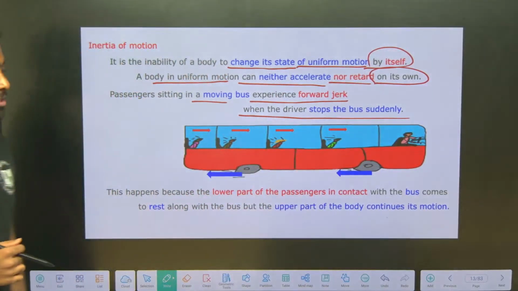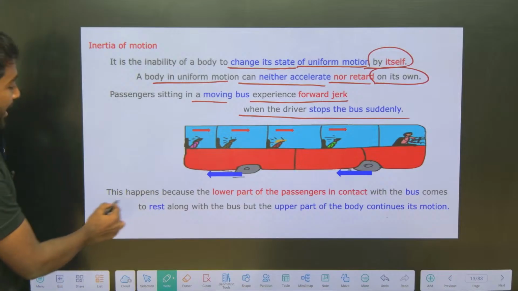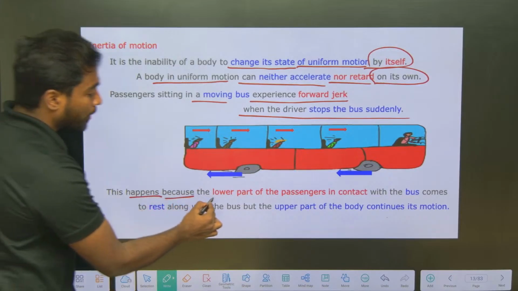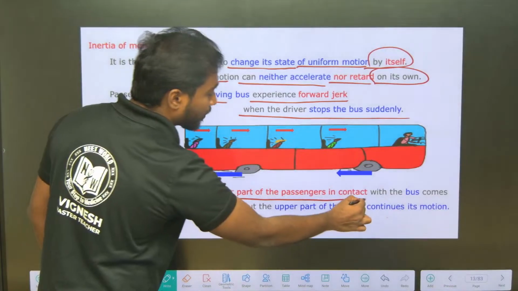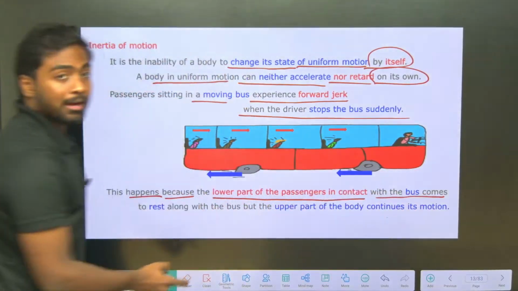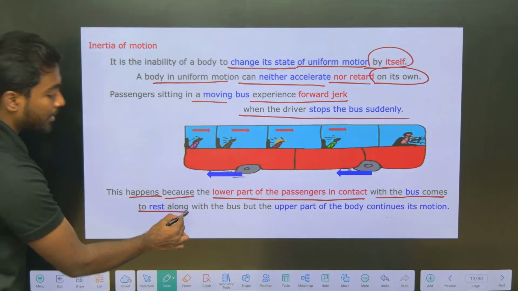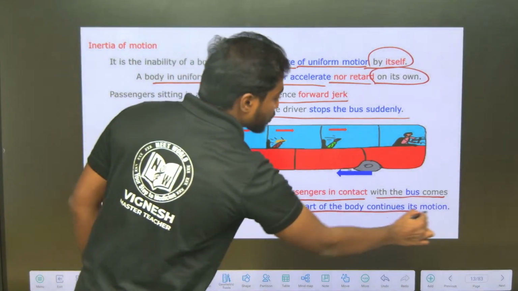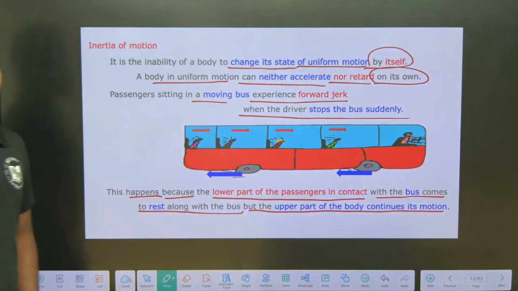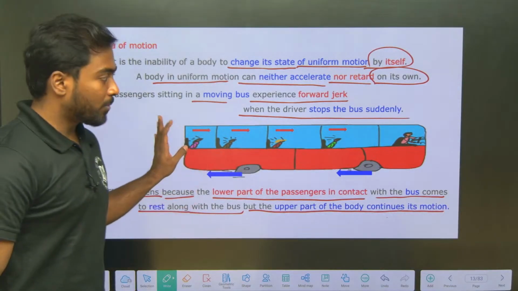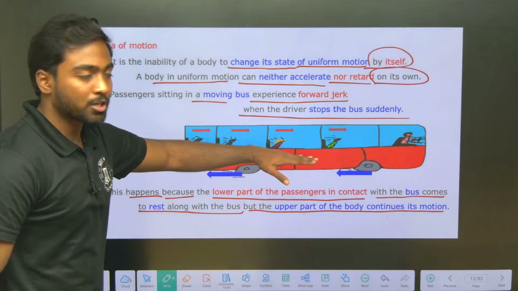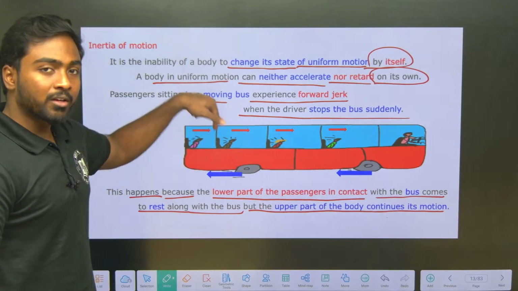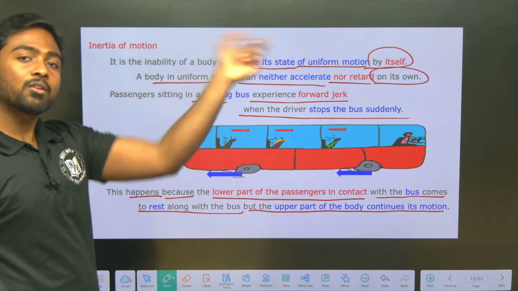Now we have discussed this already. This happens because the lower part of the passenger in contact with the bus comes to rest along with the bus, but the upper part of the body continues its motion. Everyone is like, the bus is going in motion, the passenger is also sitting in the bus, and when I watch him, he is also in motion only.